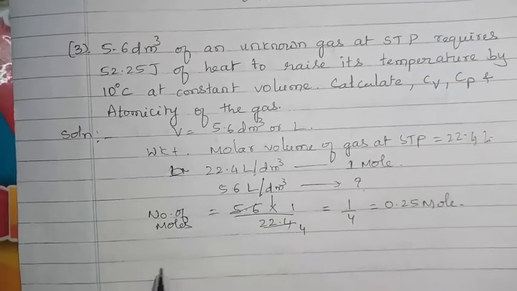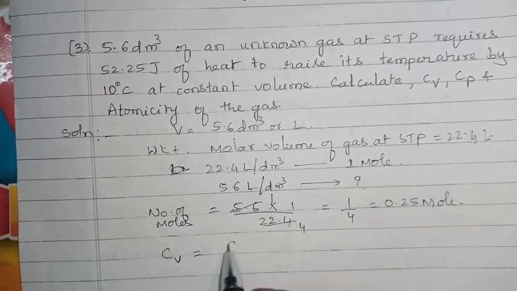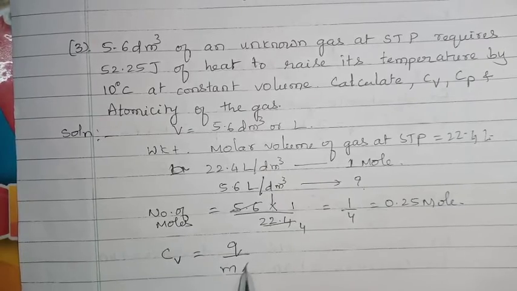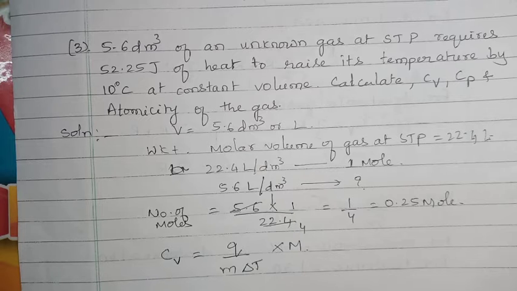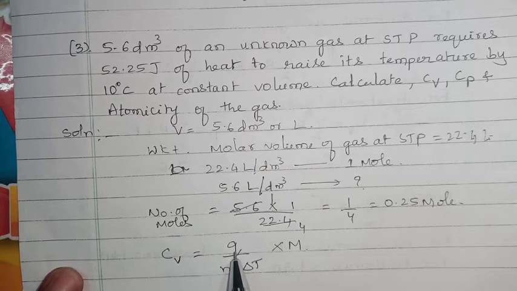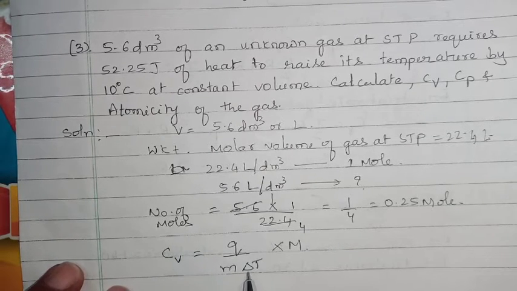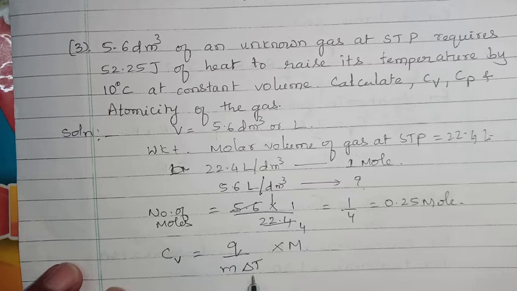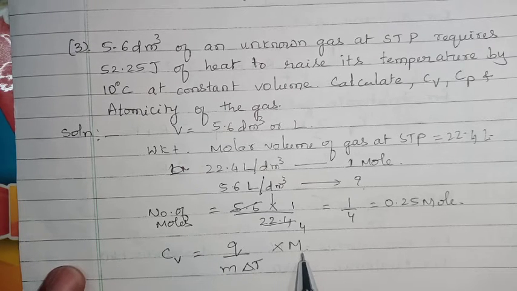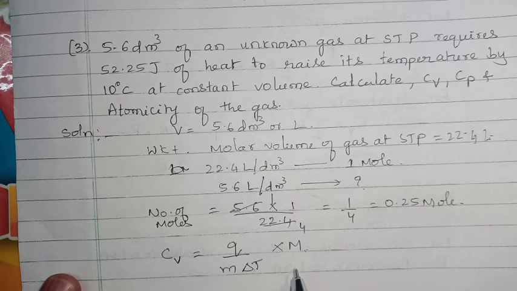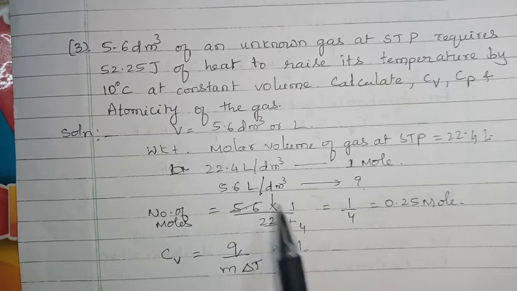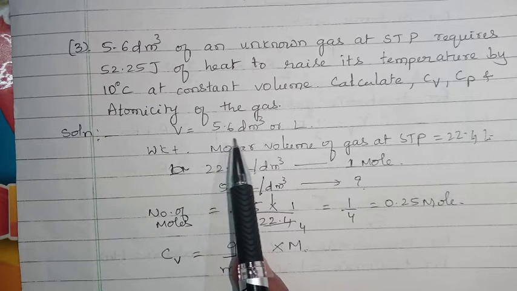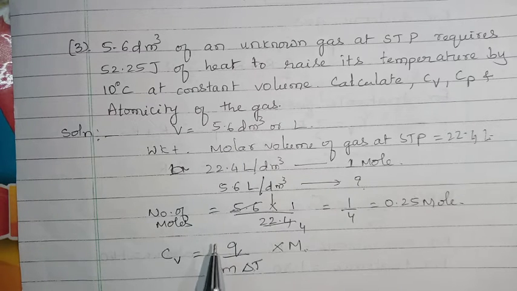Then we know this formula, CV equals Q divided by m delta T into M. Actually Q is the amount of heat supplied to the system, m is the mass of the substance, delta T is the rise in temperature, and capital M is the molar mass of the substance. But here they mentioned the volume of the gas, and the volume is converted into moles.